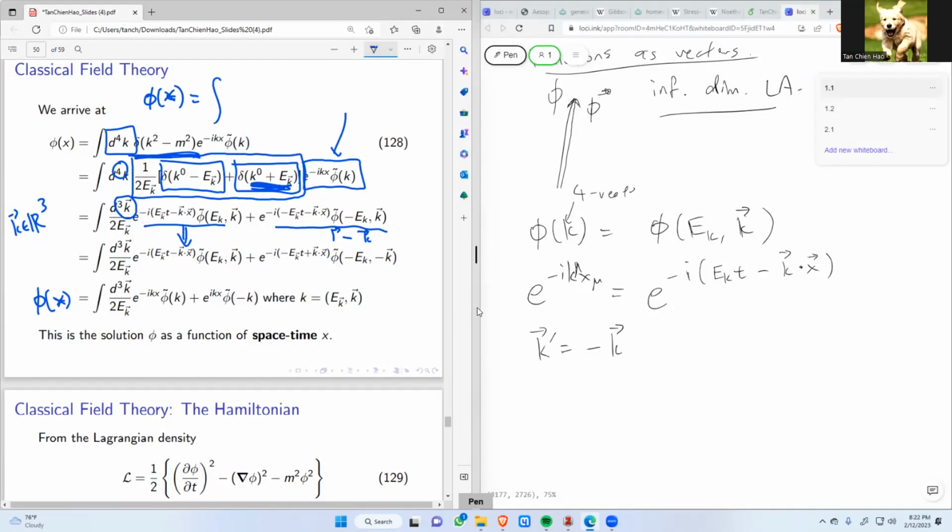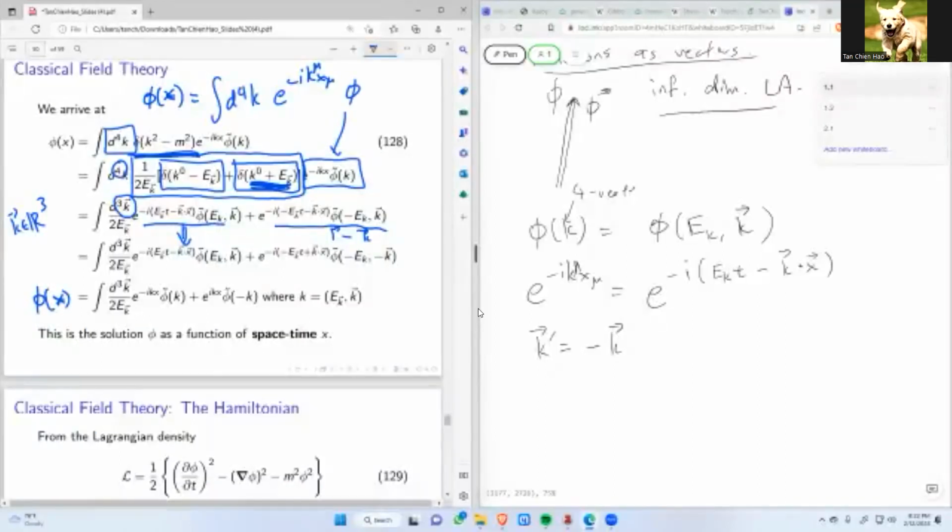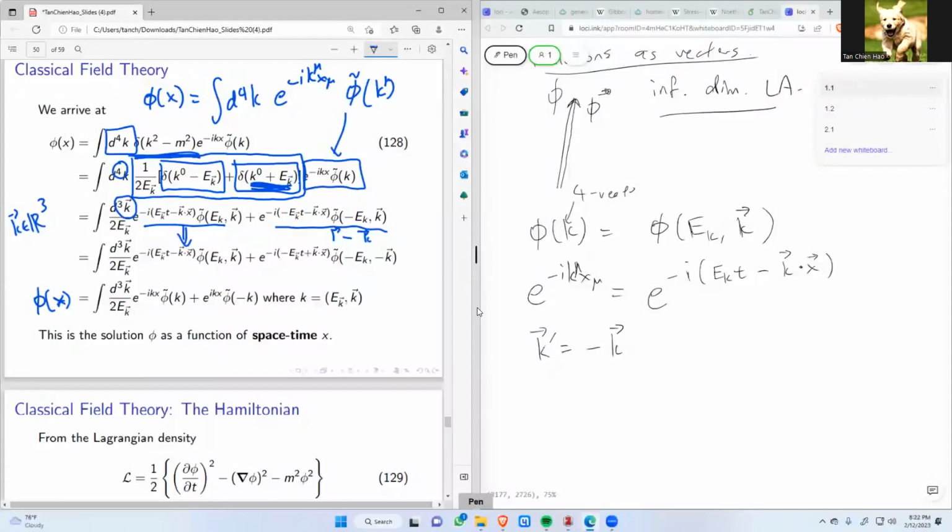Previously I had phi of x equals the integral d4k of e to the minus ikx phi tilde of k, where this is also a four vector. So previously I had an integral over four momentum, but now I have an integral over three momentum. And I also picked up my 2 omega k over here.